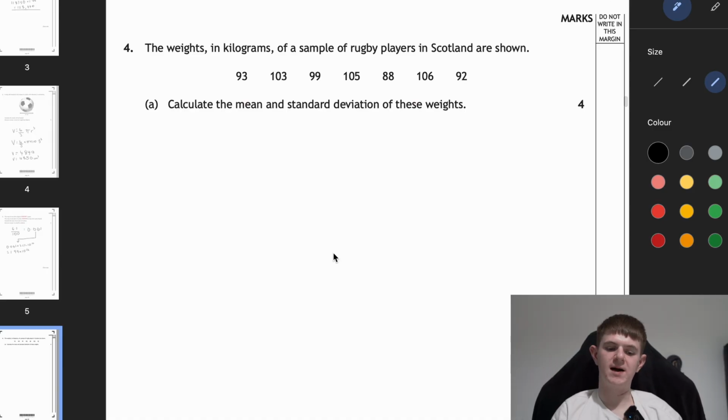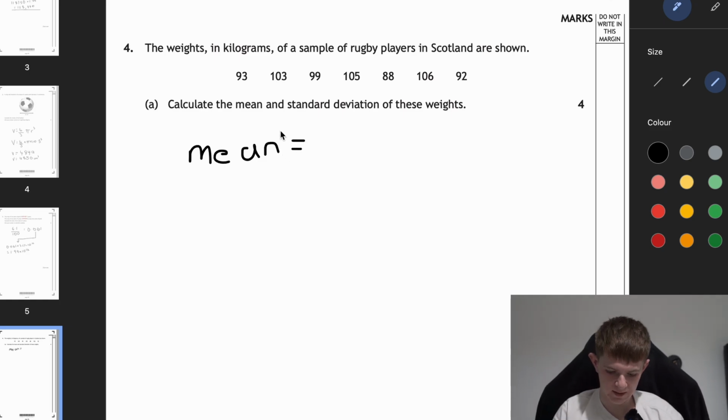We've got a mean and the standard deviation. The way I remember mean, I always think, oh, it's mean that they're making you try to find the average. Mean just means the average, so we need to find the average of this. So I'm just going to write out mean.